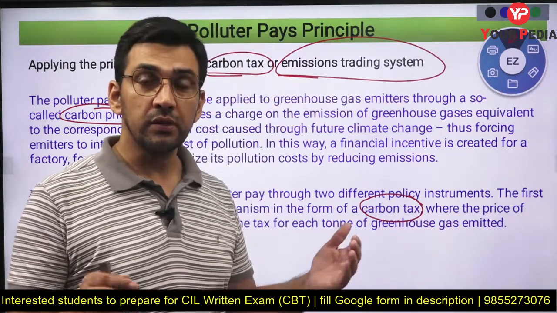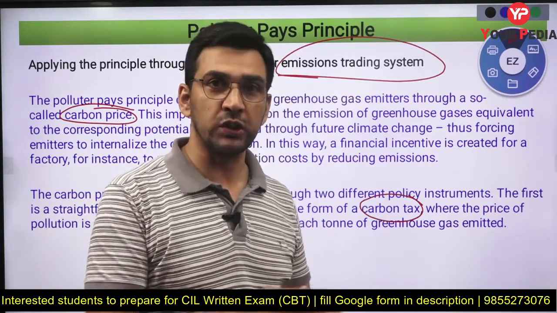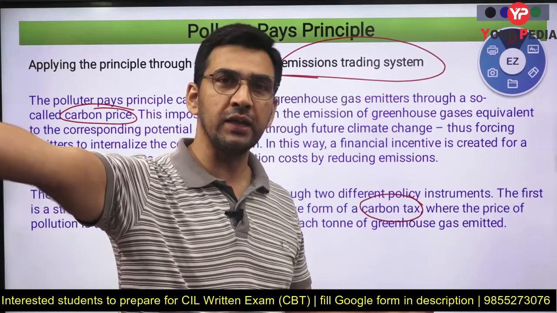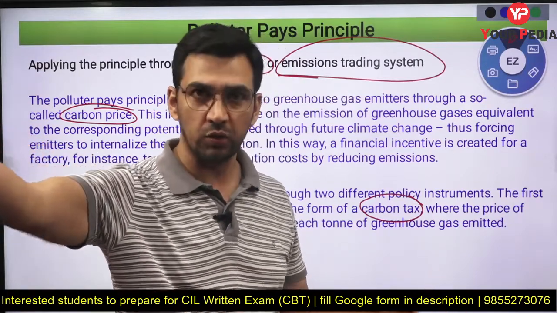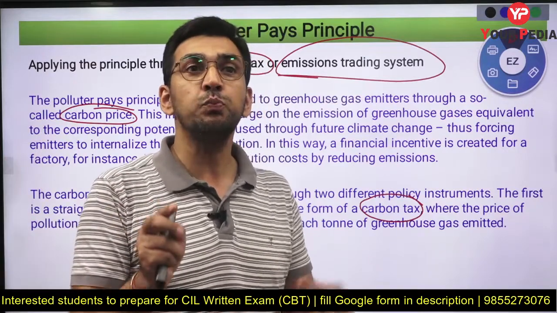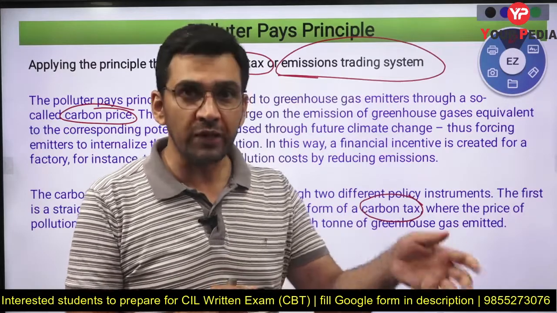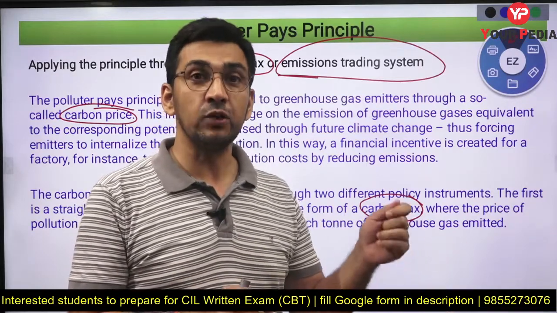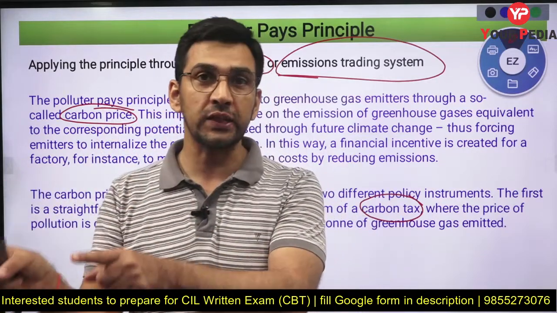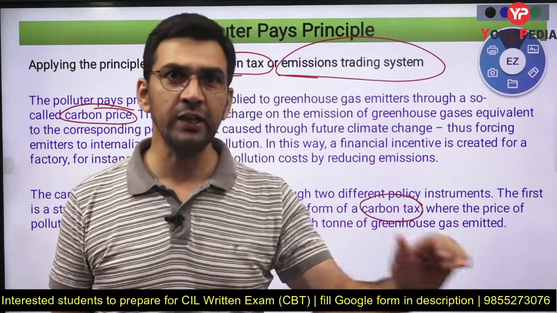You may ask, if he has already polluted the environment, what is the purpose of imposing the tax? But by imposing the tax, basically it is putting deterrence on you. It is a kind of punishment for the polluter, so that he will think twice: should he pay the carbon tax, or should he implement those technologies which can reduce carbon dioxide, or more specifically greenhouse gases.